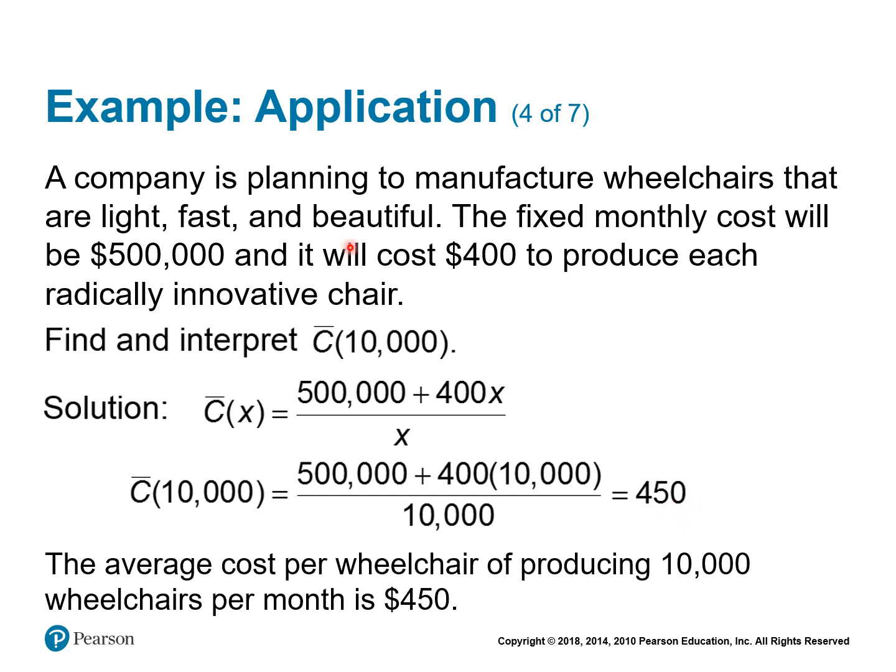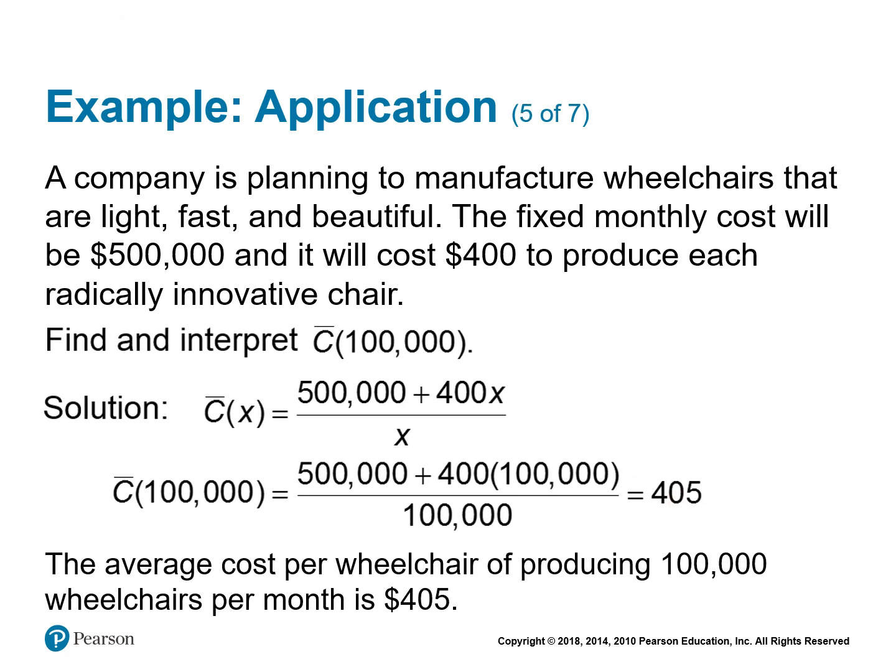So when we increased the number of chairs, the average price of each chair came down. When we produced 1,000 chairs, it was $900 average cost per chair per month. When we increased it to 10,000, it became $450 per chair per month.